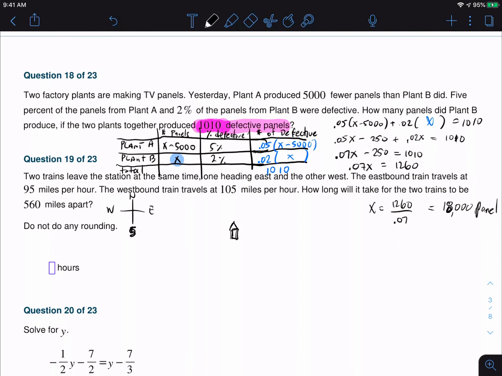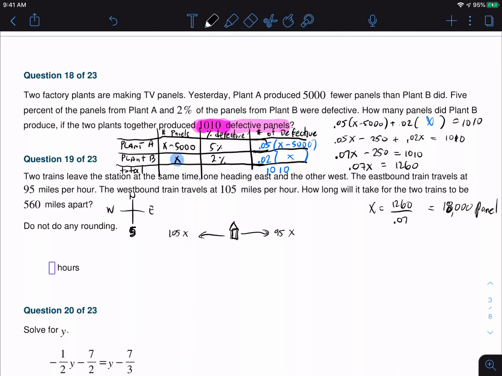Okay. So in this problem it says that we have two trains, the one going eastbound, so the one going this way is going 95 miles per hour. So 95 times some variable x, correct? Our train going to the west is going 105 miles per hour, or times x, right?